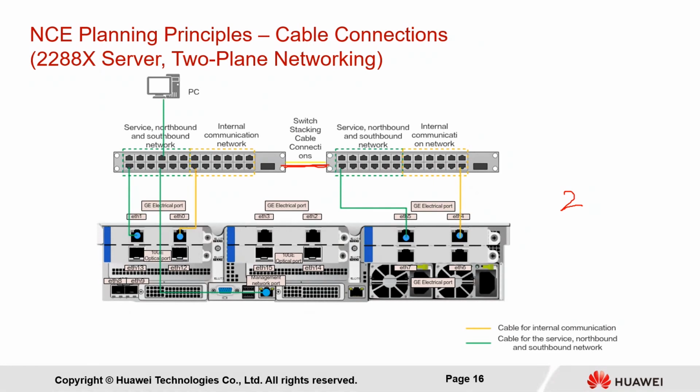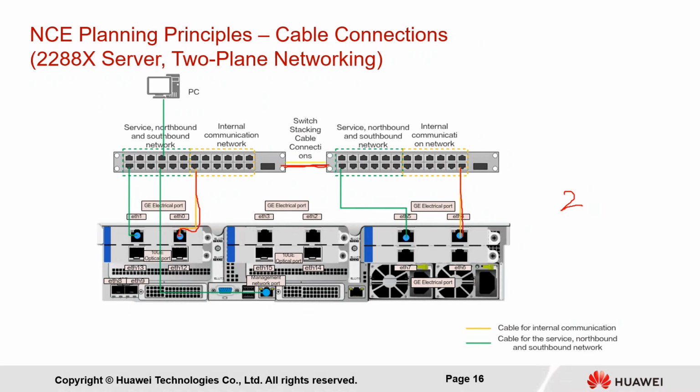Here is the internal communication network. And the other three planes, the service communication plane, southbound and northbound planes, are combined using the green line. It combines the other three planes, and we usually connect a server to two switches that are set up as a stack, obviously for reliability.